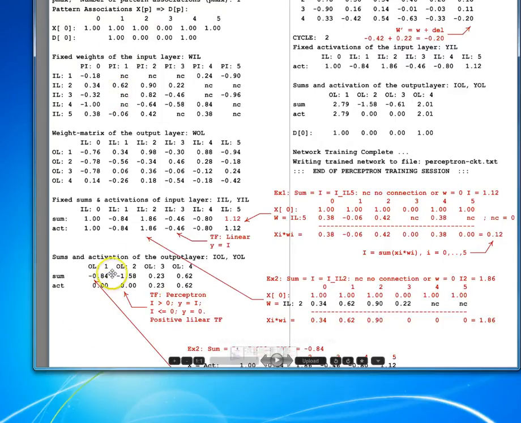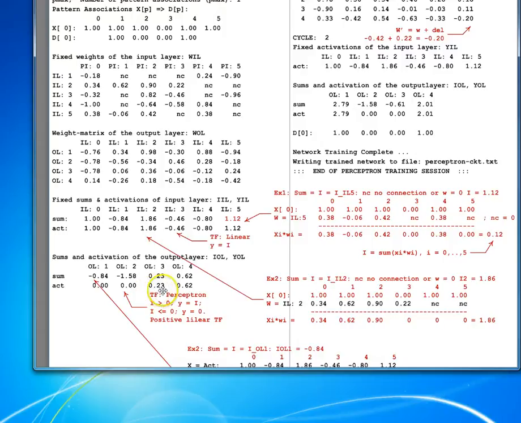That means with the threshold of 0.2, we have to get 1001. That means this element has to be trained such that its value is greater than 0.8. This value is at 0 and 0, that means this value has to be 0.2 or less.